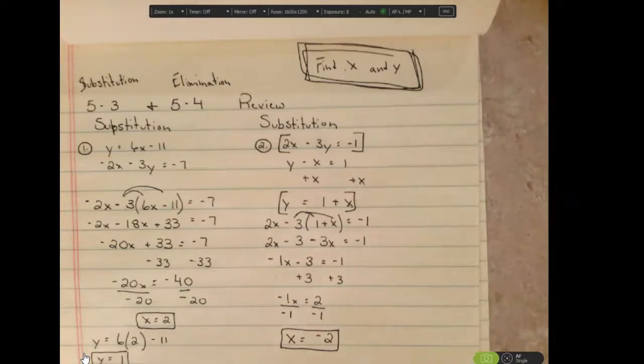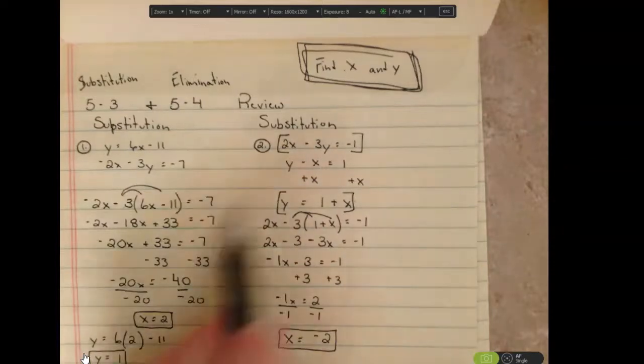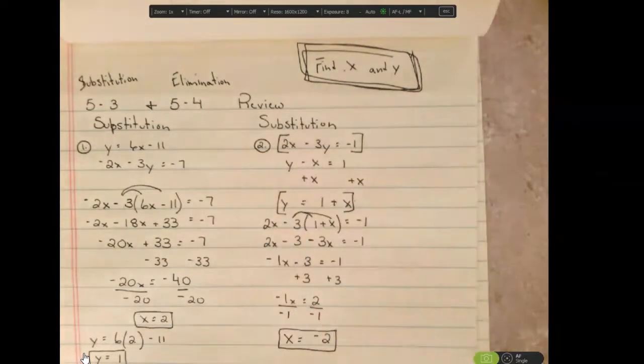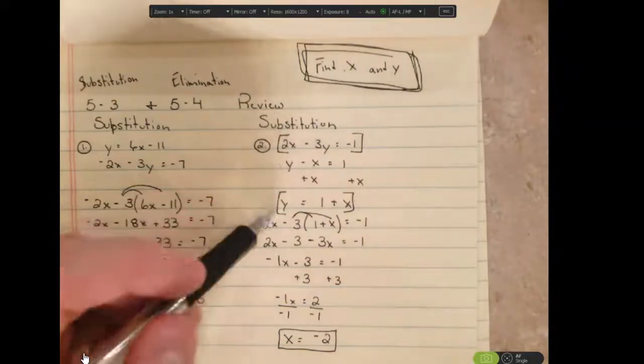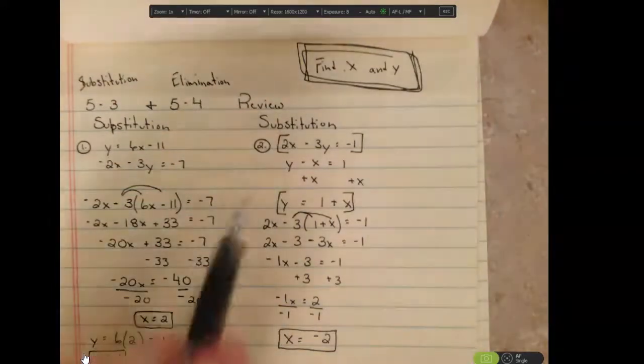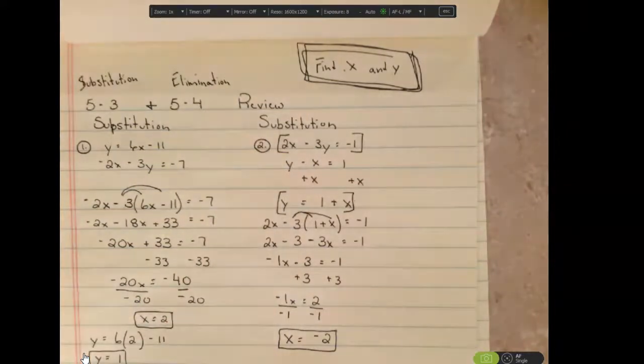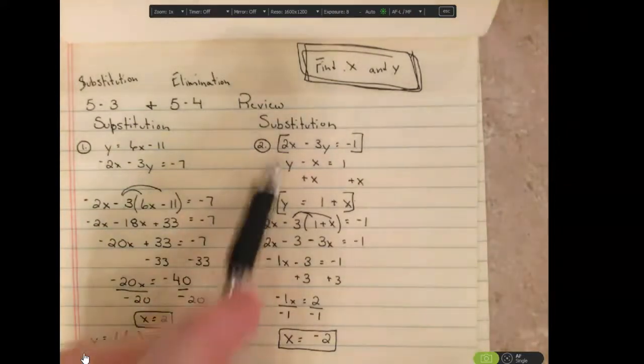Let's go ahead and let's find now what y is going to be equal to. So I'm going to take -2, I'm going to plug it back into my original equation. Doesn't matter which of these equations, guys, you plug them into because they're all equal to one of the originals. These were my two original equations.